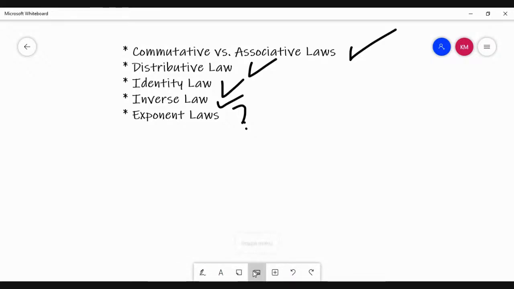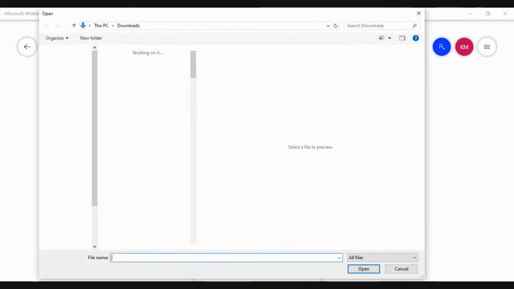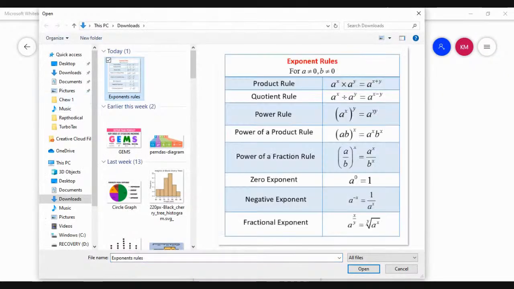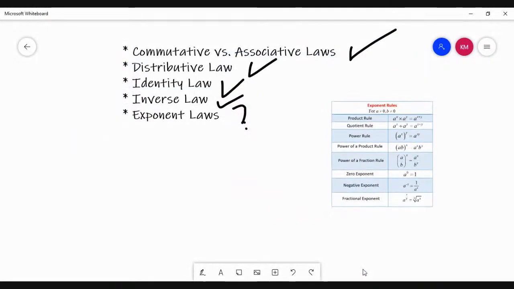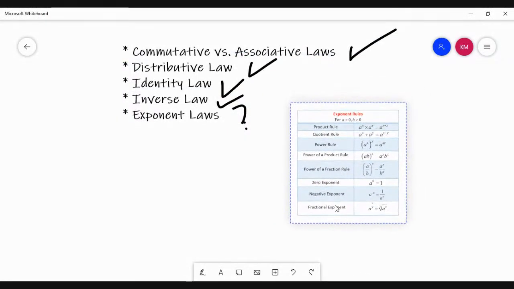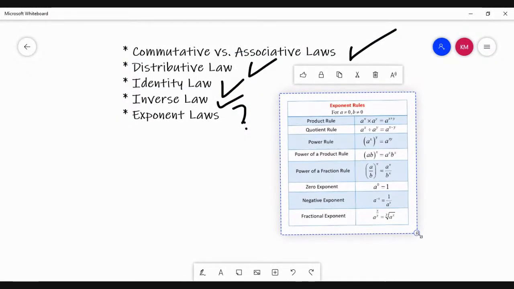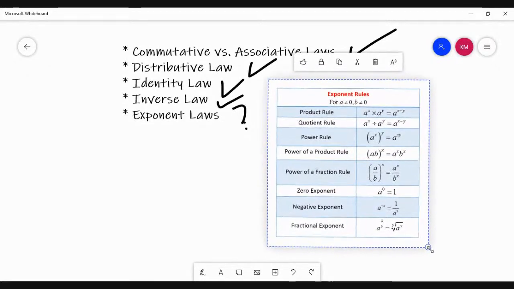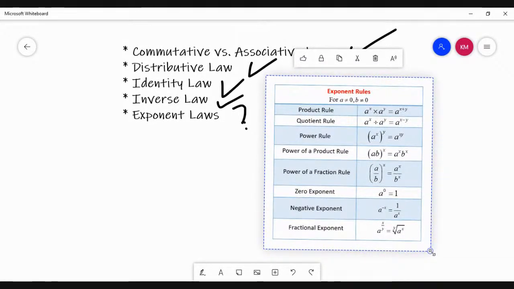Well, if you give me one moment, I am going to pull up this handy dandy picture that I found that best explains exponent rules, or the law of exponents.